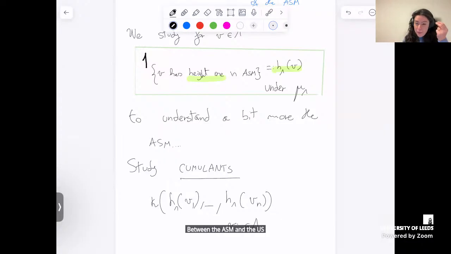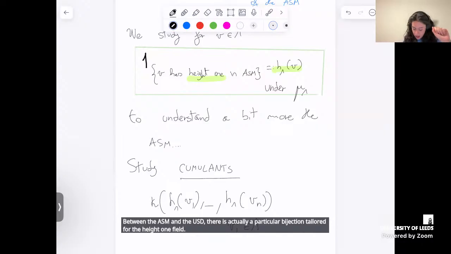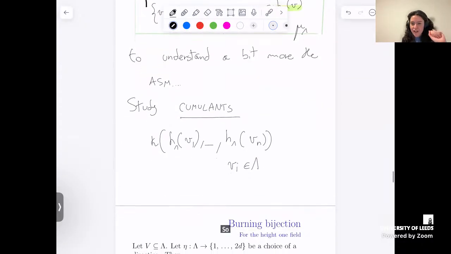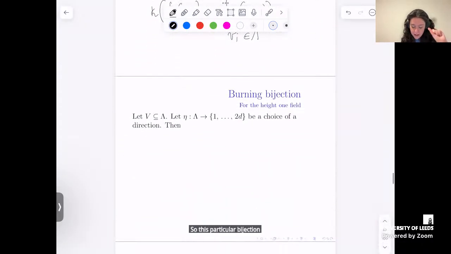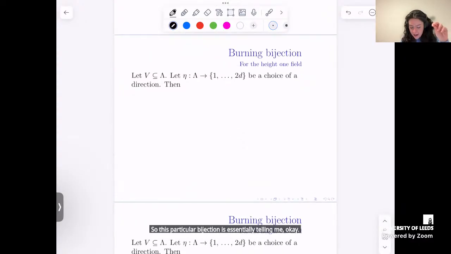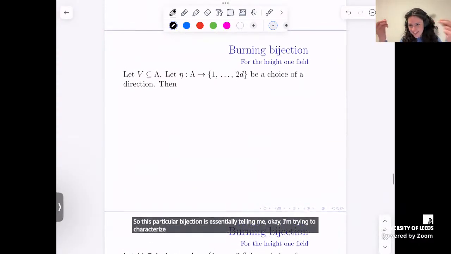There is actually a particular bijection tailored for the height 1 field. This particular bijection is essentially telling me, okay, I'm trying to characterize where the ones are for the ASM. Well, this can be translated into a certain event for the UST.